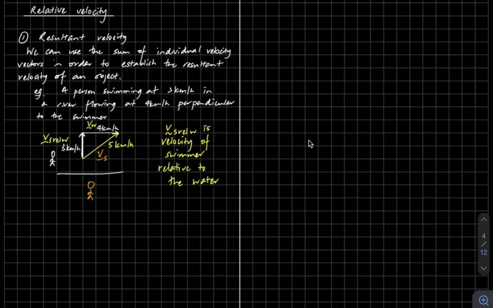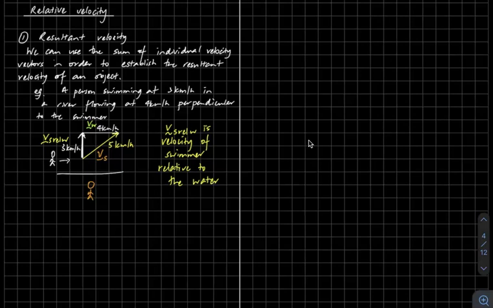Okay, because that would be their frame of reference, because they'd be traveling down the river at the same speed as you, at that 4 kilometers an hour. So to them, if they couldn't see the banks of the river, let's say it was a really wide river, if they were just watching you, it would look to them like you were going at 3 kilometers an hour in that direction across the river.